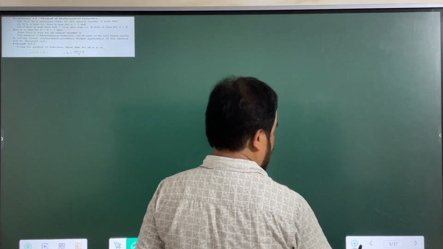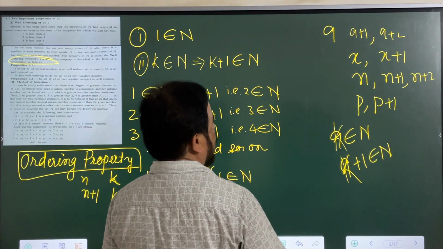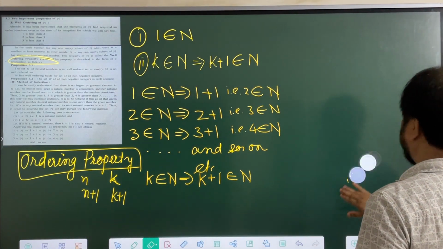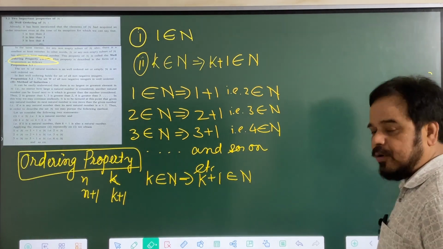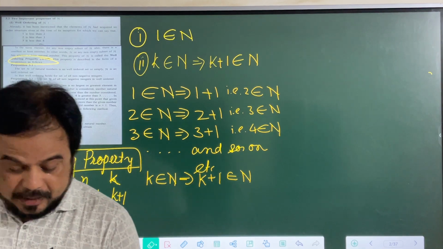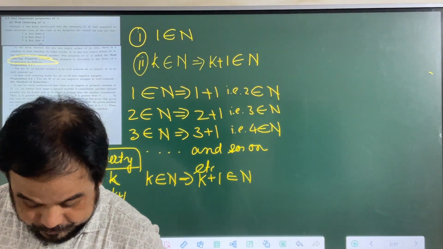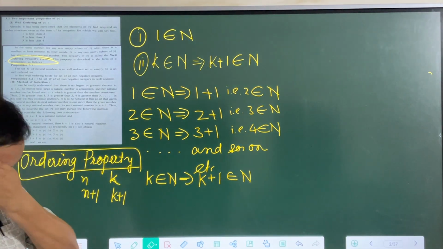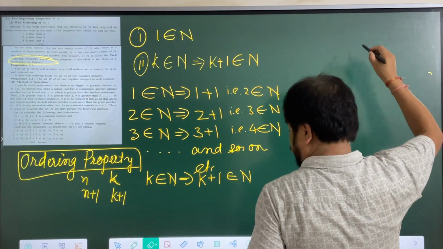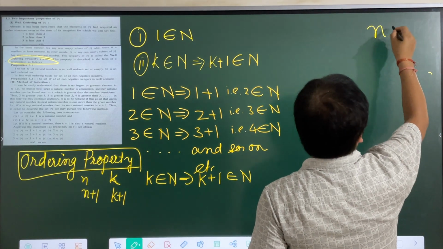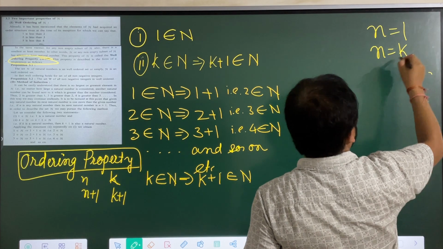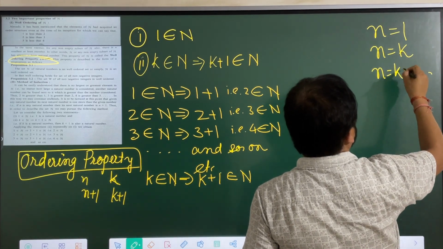Okay. So the main part I want to say is that whenever we do any addition of natural numbers, any type, any style, first we have to see that n equals 1, then n equals k, then n equals k plus 1.